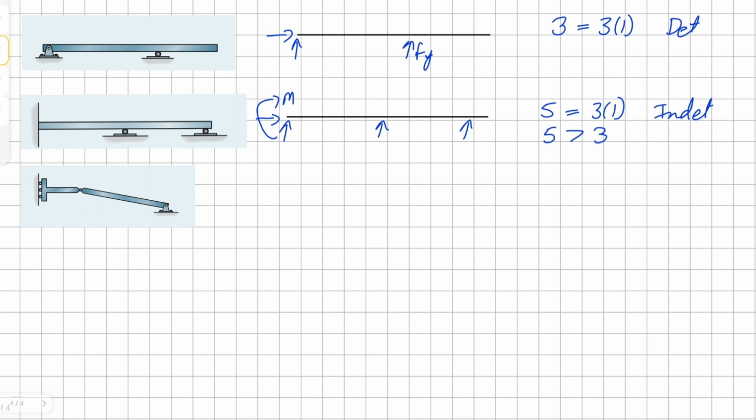And finally, for our last one, we can divide this into 2 chunks and solve it. For the first portion, we know there will be 1 force in the x direction, and there will be a moment here. And for the other side of this component, there will be x and y forces.